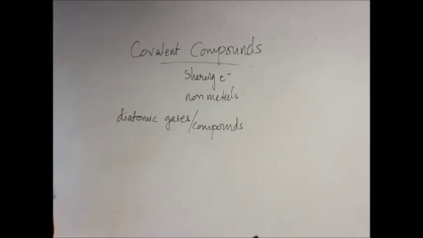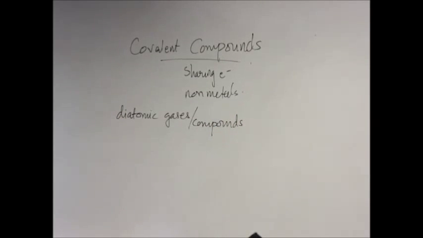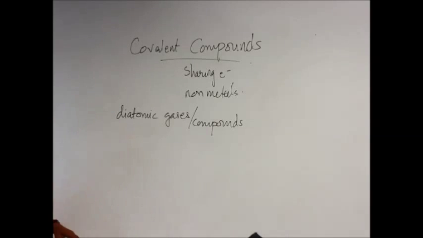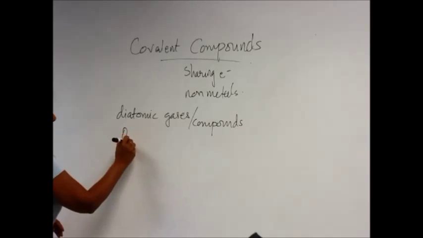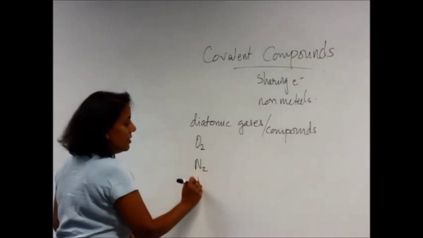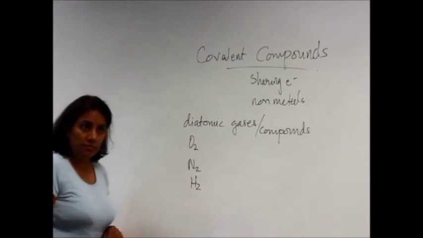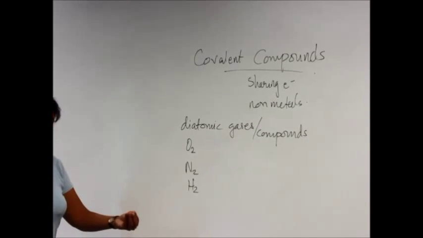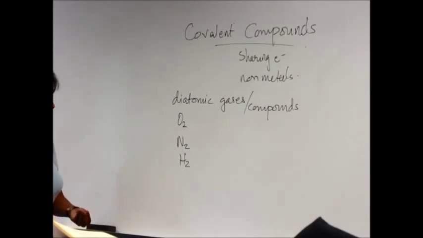These are the weird ones because their name is exactly the same as the element. It doesn't change. There are only 7 of these, so write them down. Starting from oxygen, nitrogen, hydrogen. They have the same name as the compound, which is why they're considered elements also.